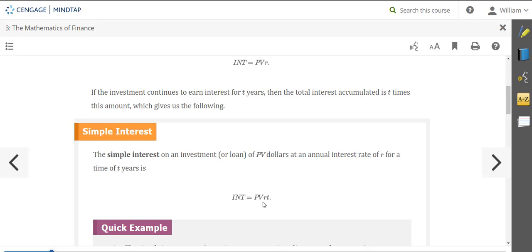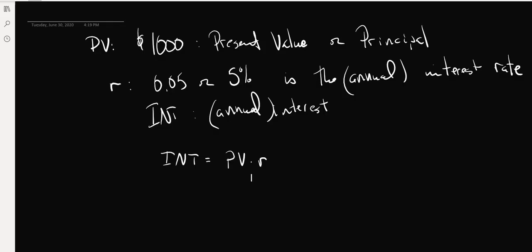And then if we extend it for more than 1 year, we have to multiply it times the number of years. So going back to here, if we got 5% for, say, 5 years, so that's T equals 5 years.